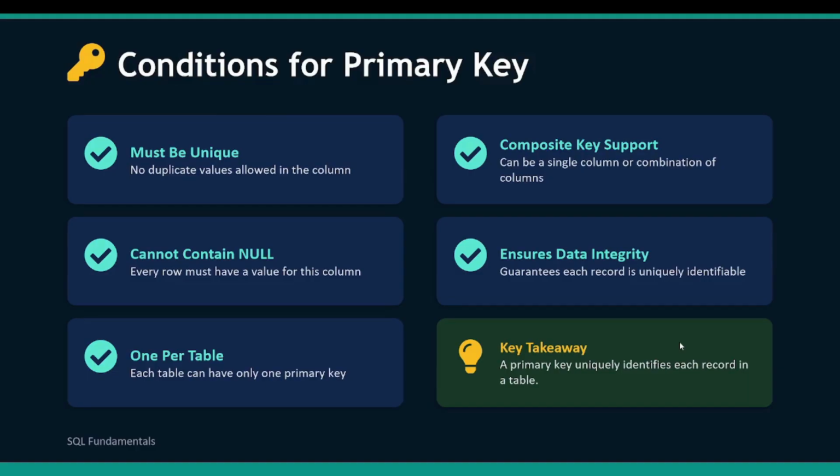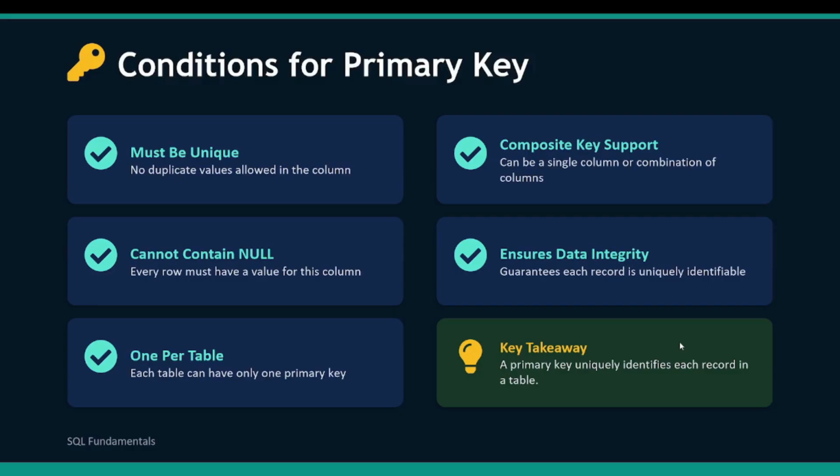This means that no two rows in the table can have the same value in the primary key column. Every single record must be distinguishable from every other record through its primary key value. If duplicates were allowed, the entire purpose of the primary key would be defeated because you would no longer be able to identify a specific row with certainty.